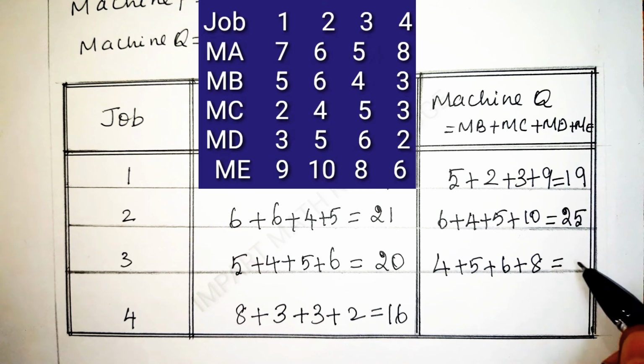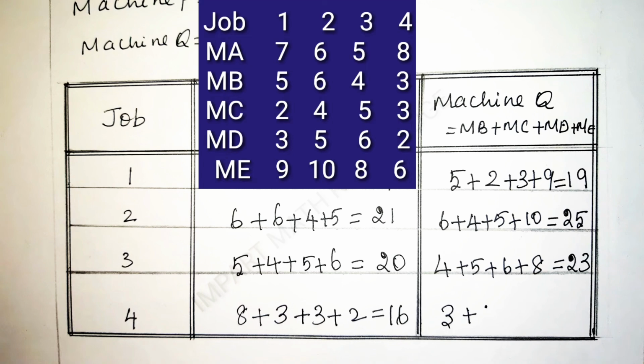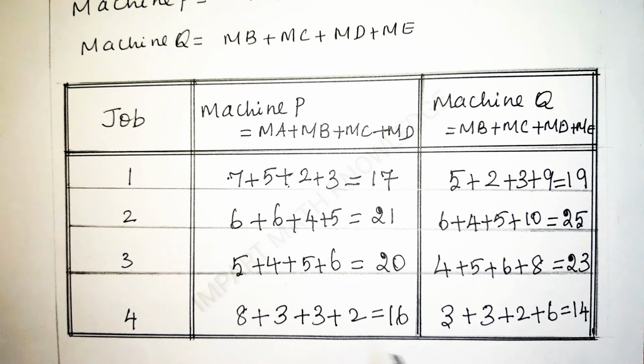So the total is 23. Machine Q, job 4 is 3 plus 3 plus 2 plus 6. So the total is 14. In this way, you have to convert the 5 machine problem into a 2 machine problem.